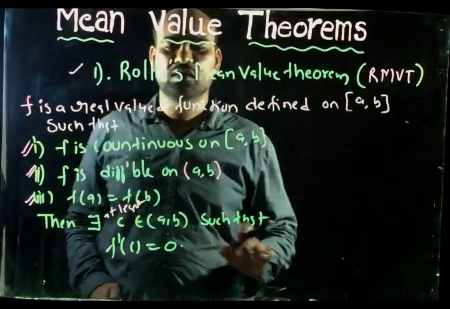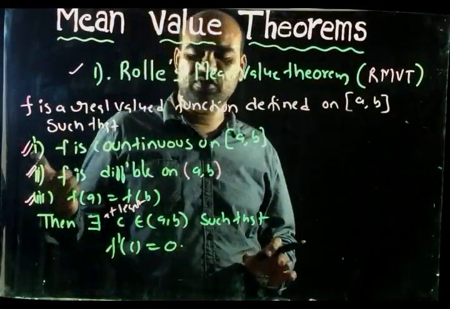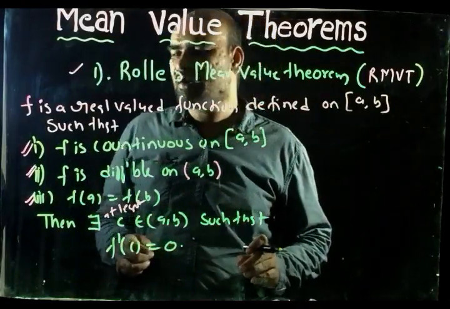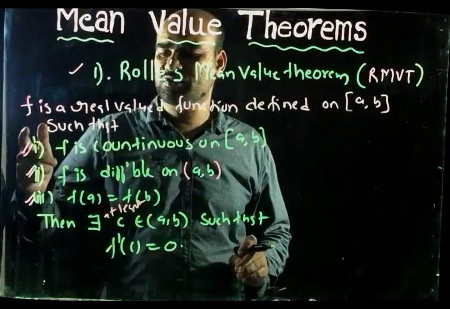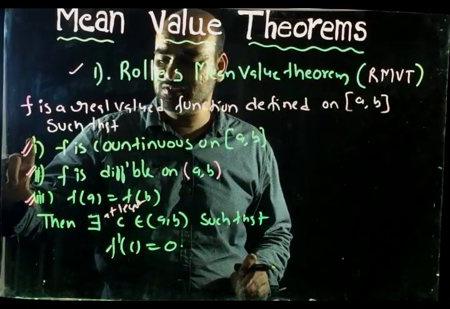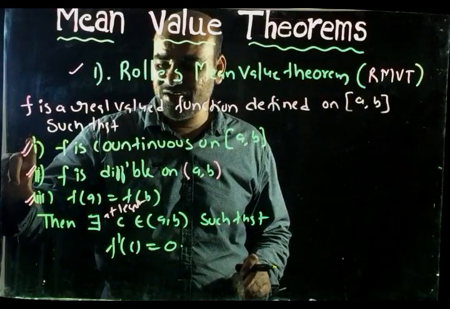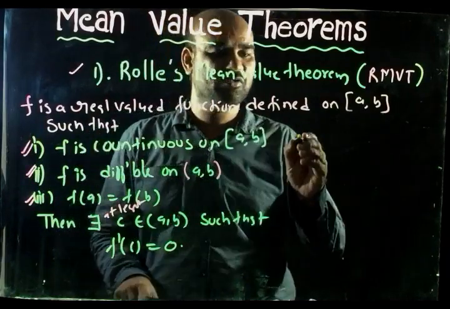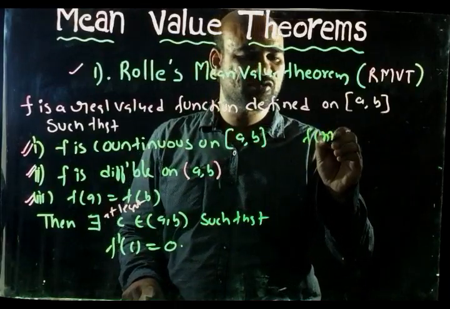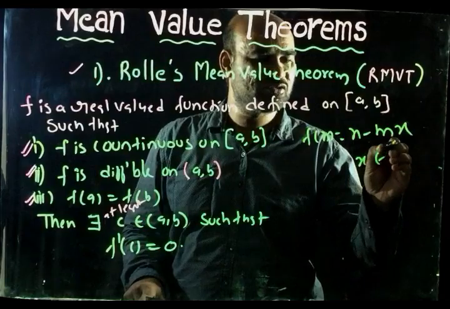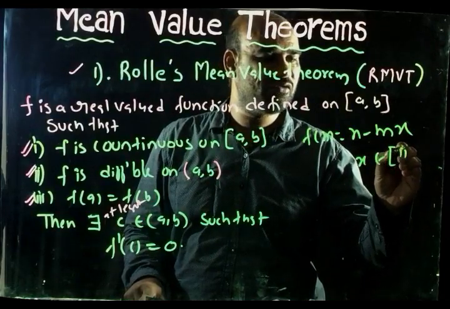Now I explained Rolle's theorem definition and its graphical meaning. But the important thing is, for any function, these three conditions are sufficient conditions, not necessary conditions, for the existence of such a c. Example: f(x) equal to x minus sin x, x belongs to the closed interval [pi, 5 pi].